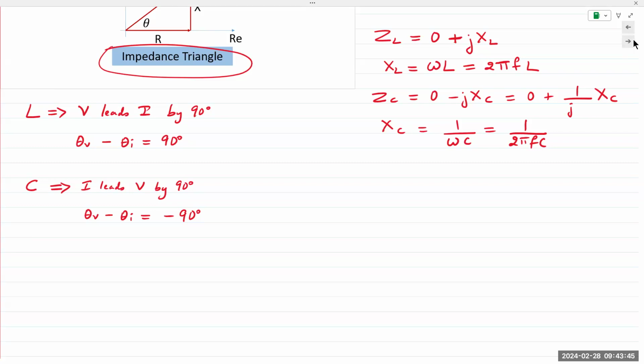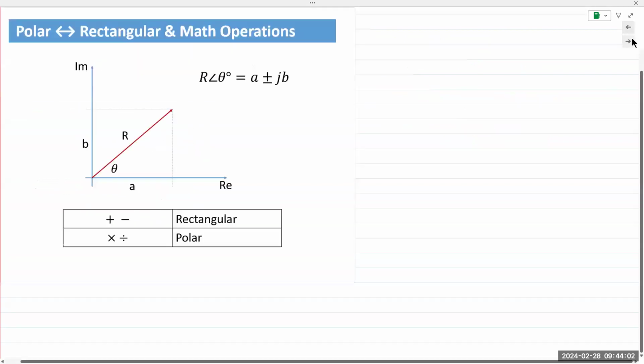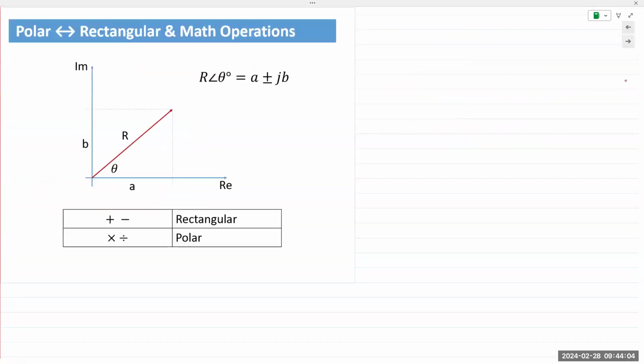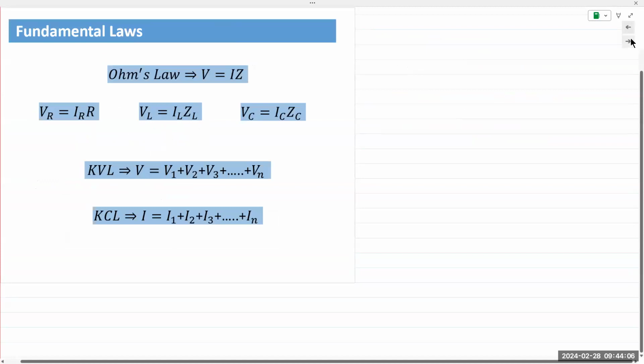Now, we have transformed and represented both our sources as well as components as complex quantities, right? So the whole point of performing this transform is we can apply our circuit analysis techniques to AC circuits, so that we don't have to solve differential equations.